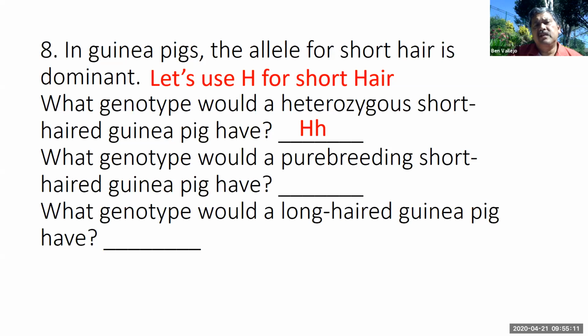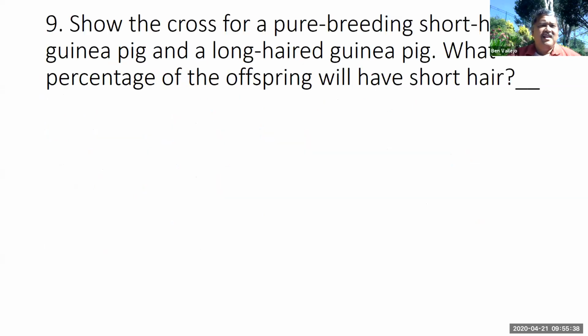Short is dominant, so that's going to be big H, big H. The same letters show in the genotype because it's pure breeding, which is the same as homozygous. And what genotype would a long-haired guinea pig have? A long-haired guinea pig would be little h, for hair. And so we can do all of that without even doing the Punnett square.